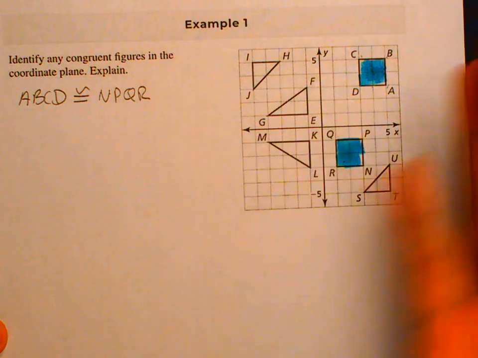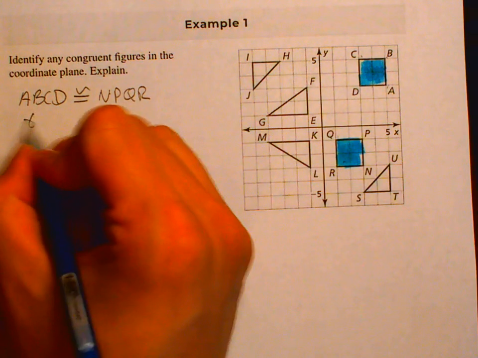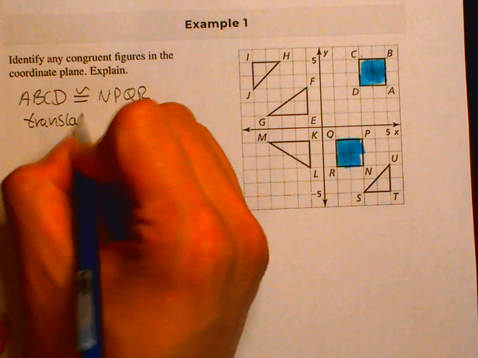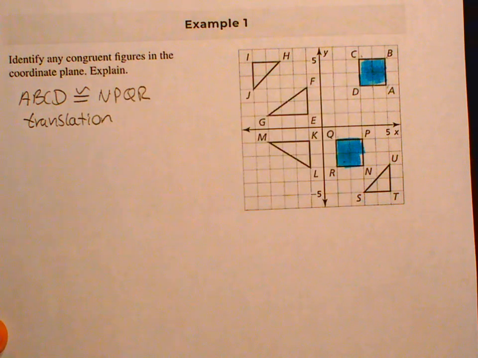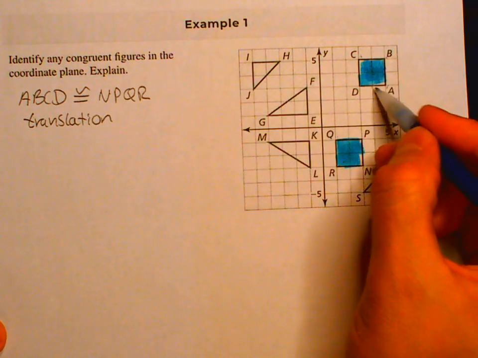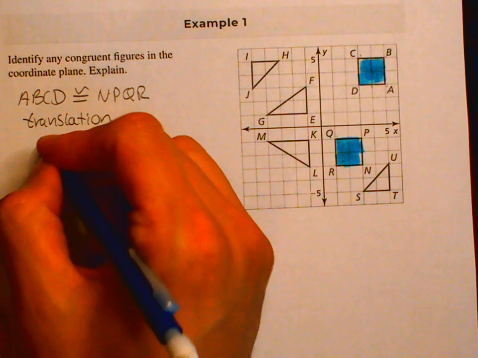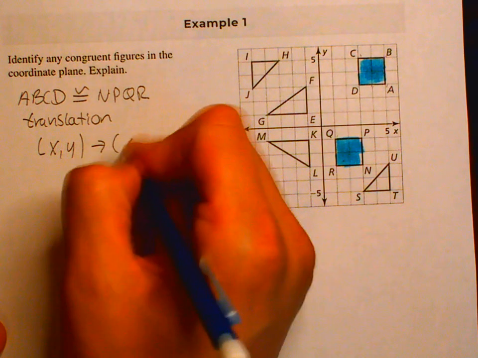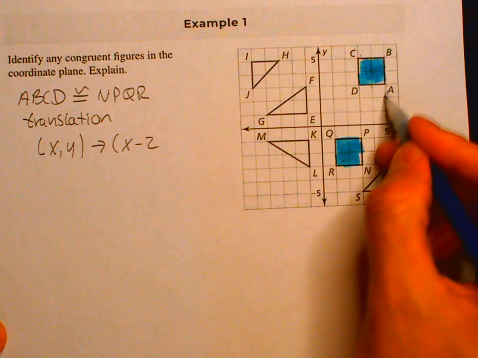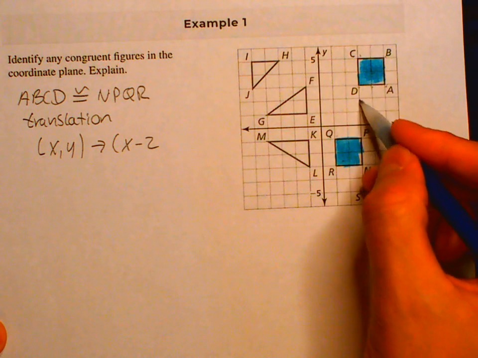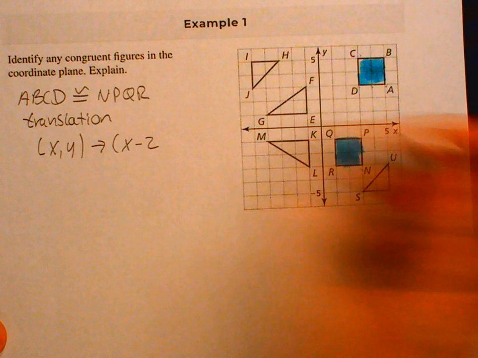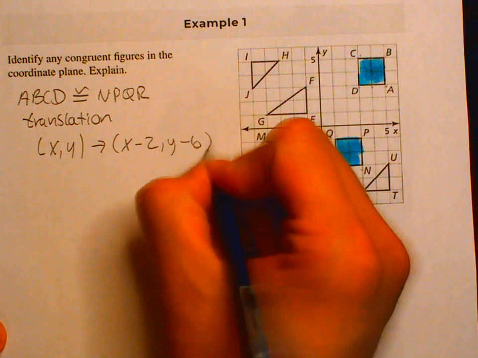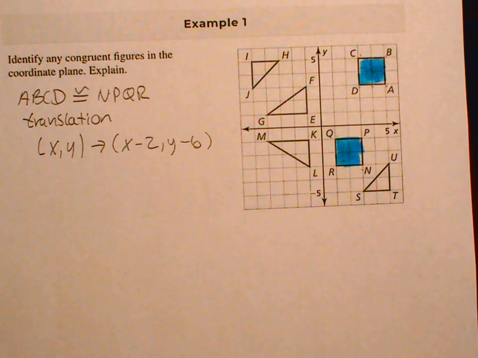Why? Because there is a translation that can map it. Okay, and the translation would be 1, 2, 3, 4, 5, 6. So that's the translation that can map those two.